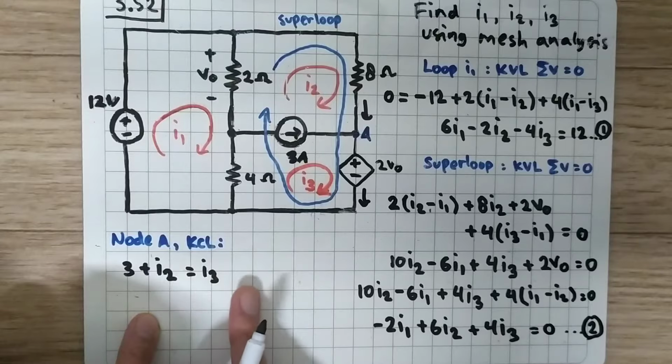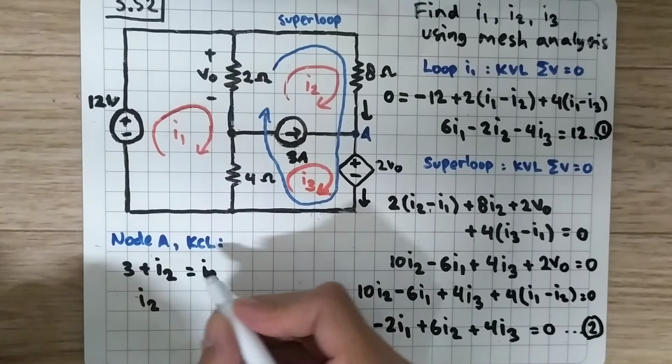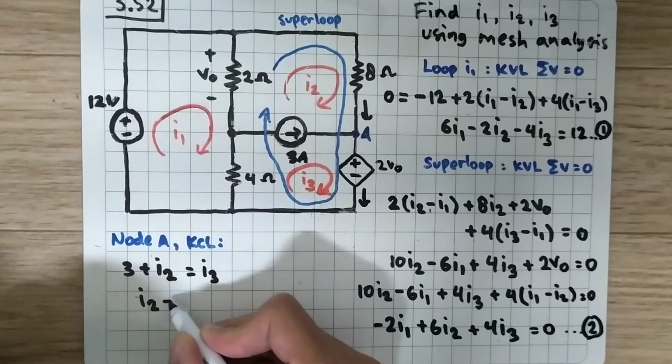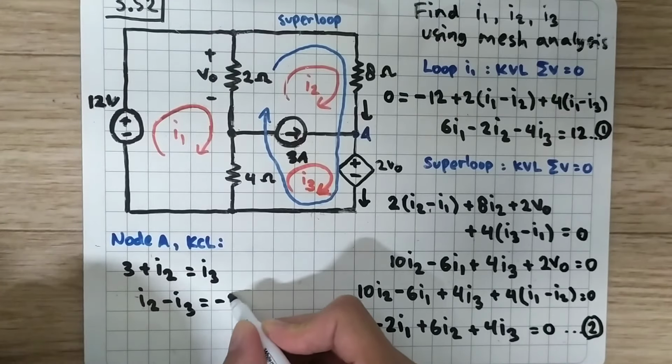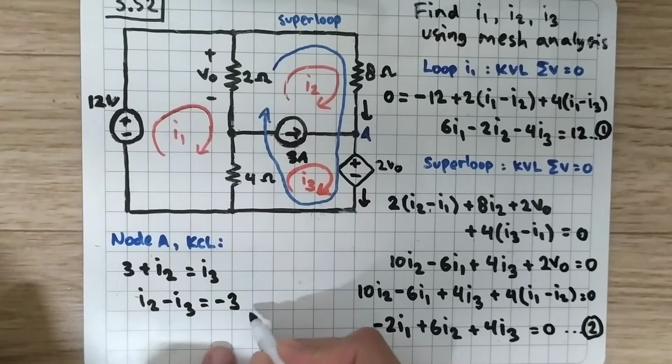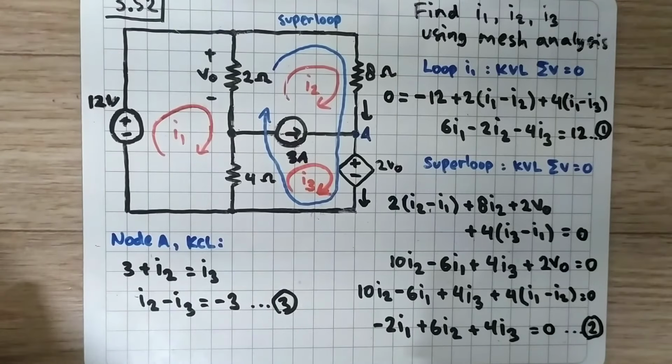So we can do algebraic manipulation again. So I have I2 minus I3 is equal to minus 3. And let's have this as equation number 3. Now we have 3 equations and 3 variables. First, let's erase this board and rewrite the equations, and we will solve that.